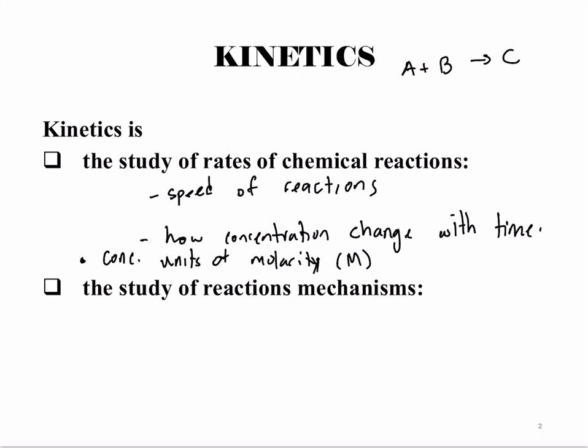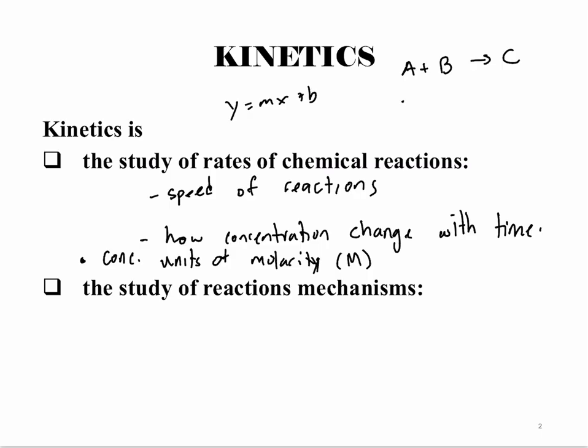How would I symbolize that I'm talking about the concentration of A? This is just a fancy way of saying, if we have y equals mx plus b, x is our variable there, and maybe that's distance or something like that.